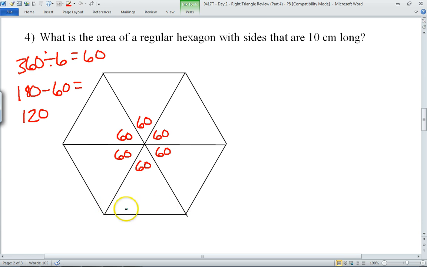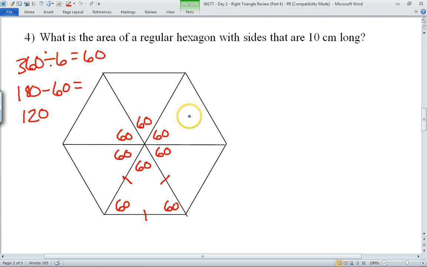And I have these two angles and the symmetry, so I would have to share that 120 equally. So this would be 60 and 60. Okay? So keep that in mind. Each of these triangles has 3 60-degree angles. They're equilateral triangles. All the sides of these triangles are the same. We might need that later, so keep that in mind.